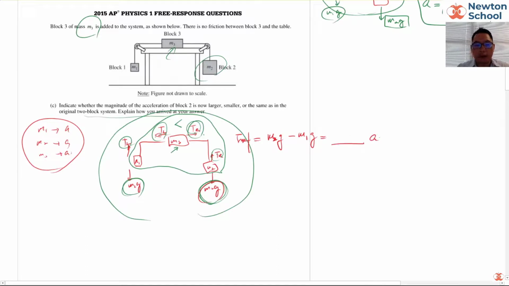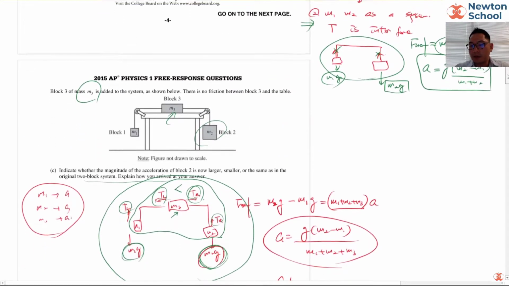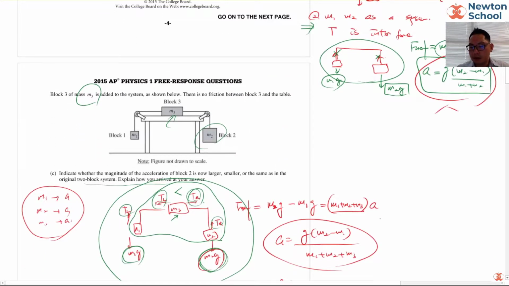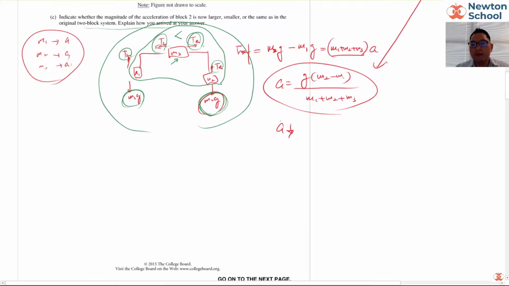And remember, they're all accelerating the same. The total mass will be M1 plus M2 plus M3. So acceleration will be G times M2 minus M1 over M1 plus M2 plus M3. Obviously acceleration will be smaller because this equation is almost the same as before, except we just added M3 there. So you have the same external force, but your total mass gets bigger, so acceleration gets smaller.